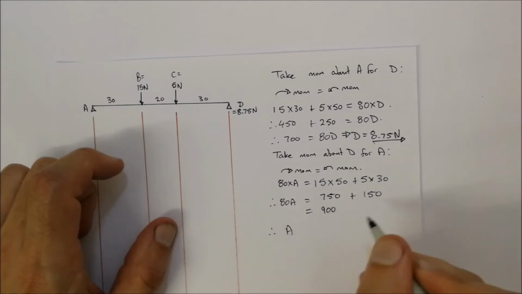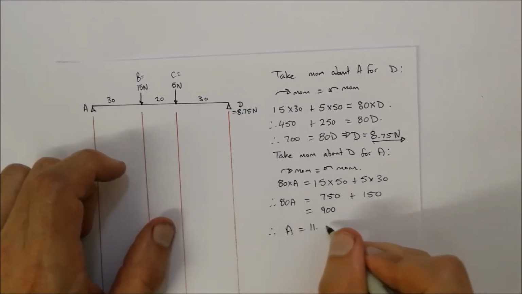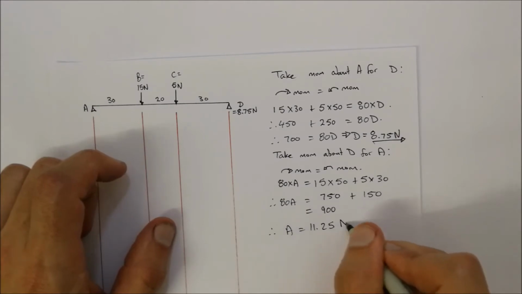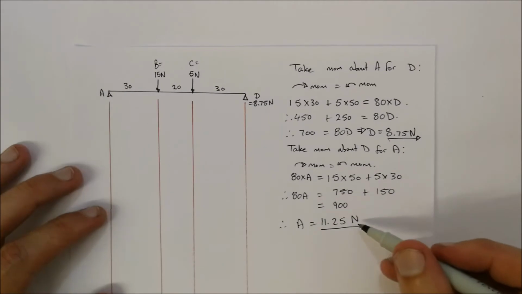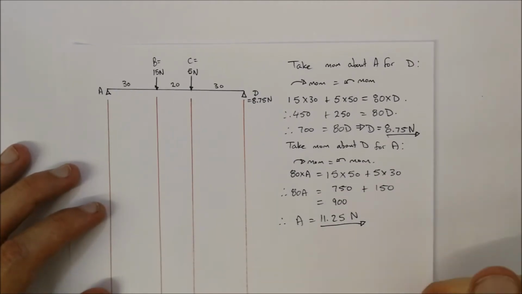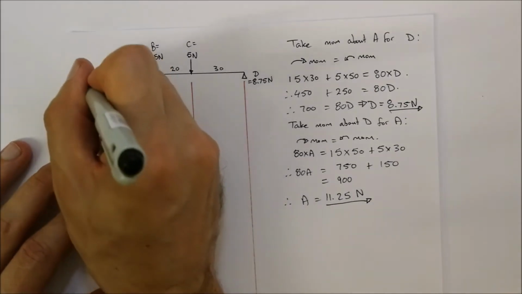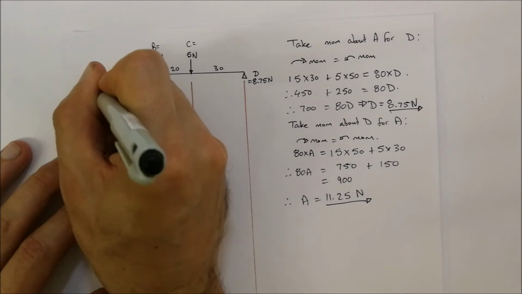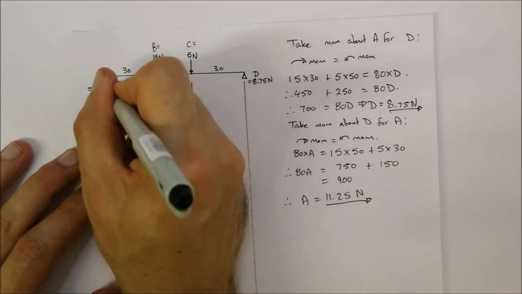Therefore A, if we say 900 divided by 80, is equal to 11.25 newtons. Always important to have your units after your values. Without units, you get it wrong. Okay, so we can actually then write in over here, A is equal to 11.25 newtons.